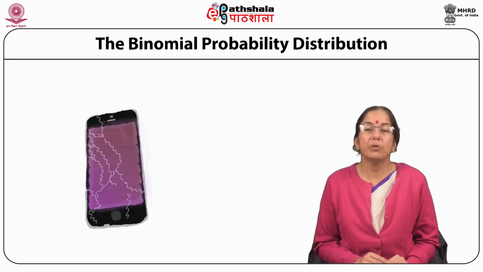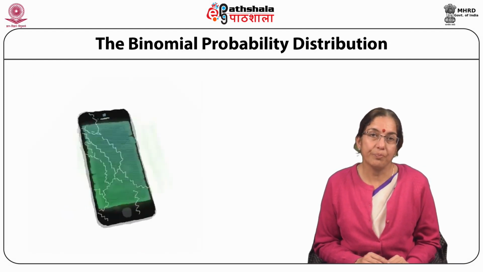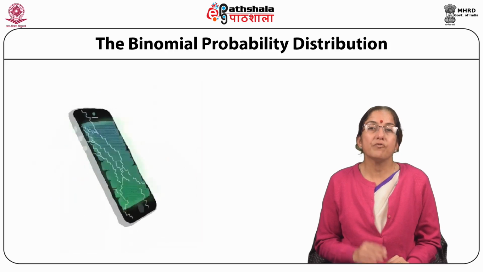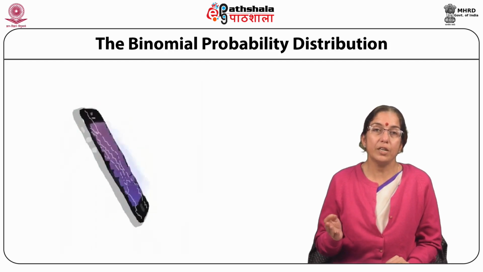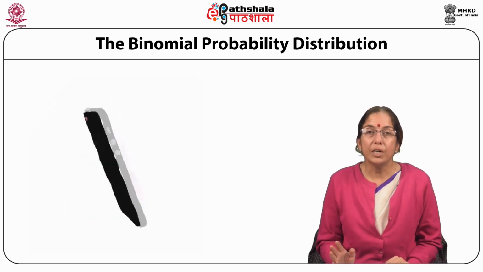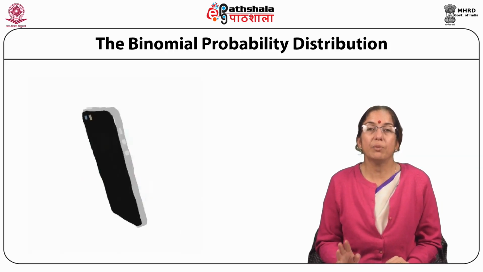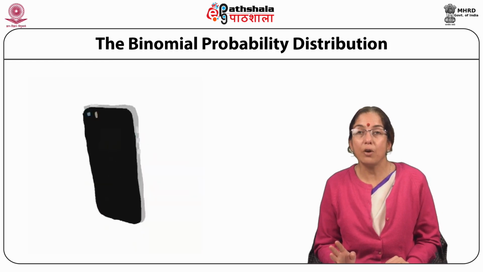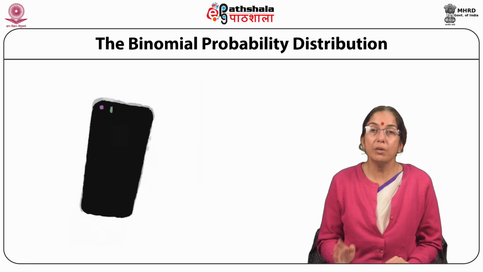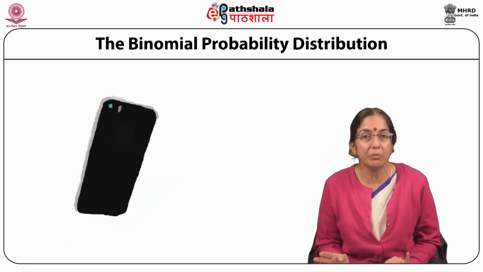The binomial probability distribution is one of the most widely used discrete probability distributions. It is applied to find the probability that an outcome will occur x times in n performances of an experiment.